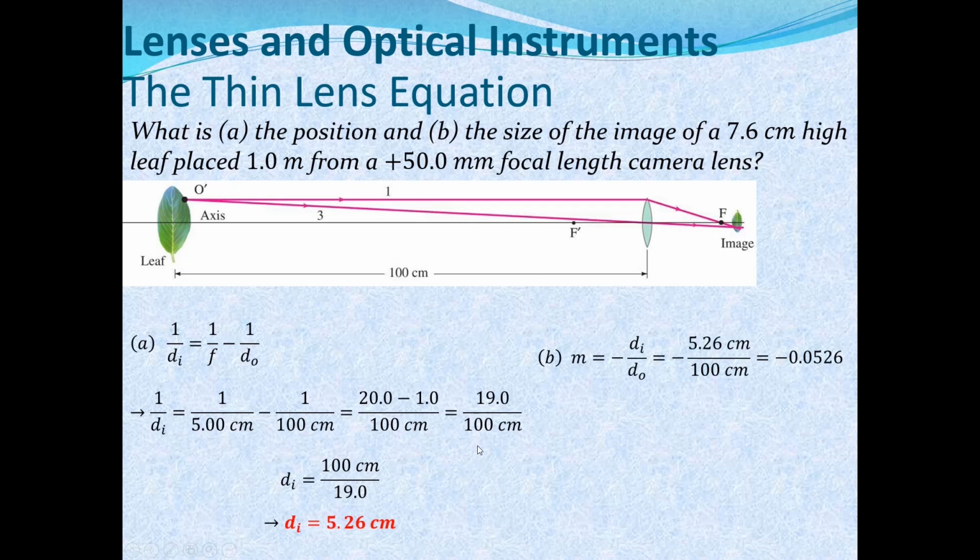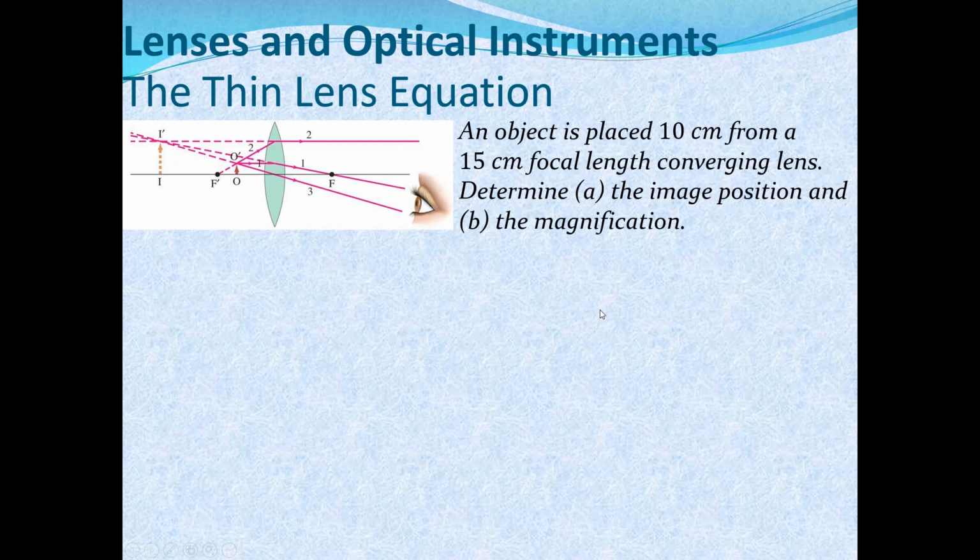And then when we do the magnification, when we plug our numbers in, we get a negative magnification, which ends up giving us a slightly smaller image formed. All right, and that's basically it. And again, that matches what we expect from our ray diagram.